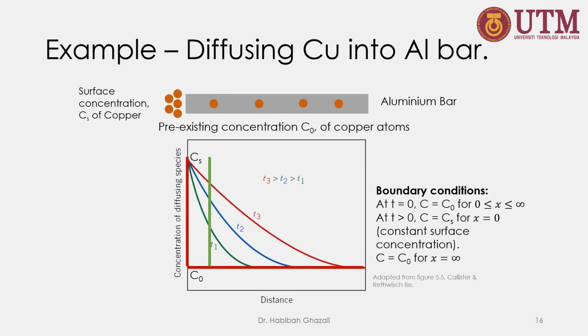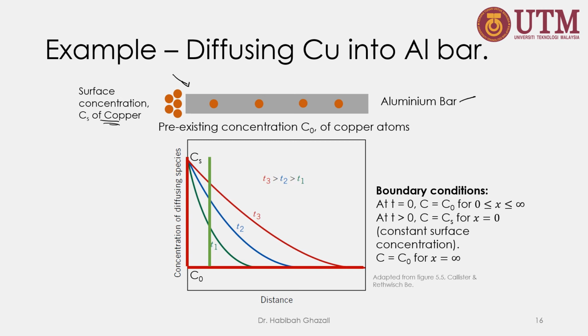So let's use an example to explain this. Let's say I have this aluminum bar here, and we want to diffuse copper atoms inside this bar. I have to make an assumption here. The first assumption is that the bar has a limited length.